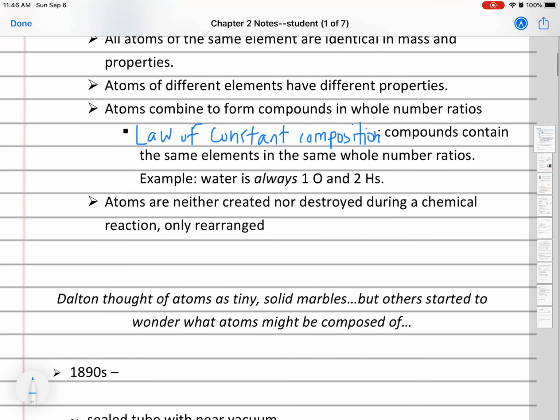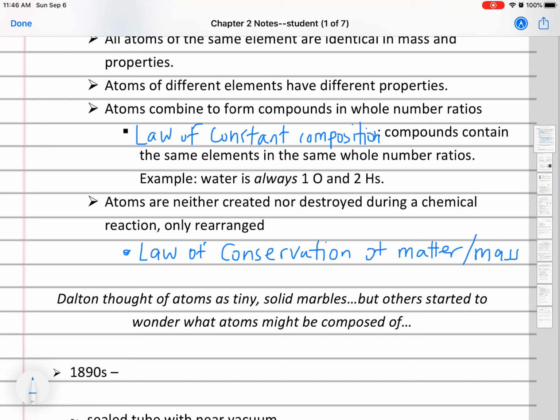Another thing Dalton's theory included was that atoms are neither created nor destroyed during a chemical reaction. They can only be rearranged. This is based on another law called the law of conservation of matter, or of mass. Matter has mass.